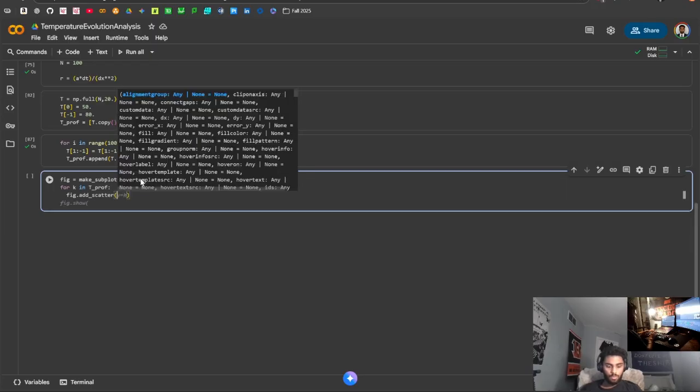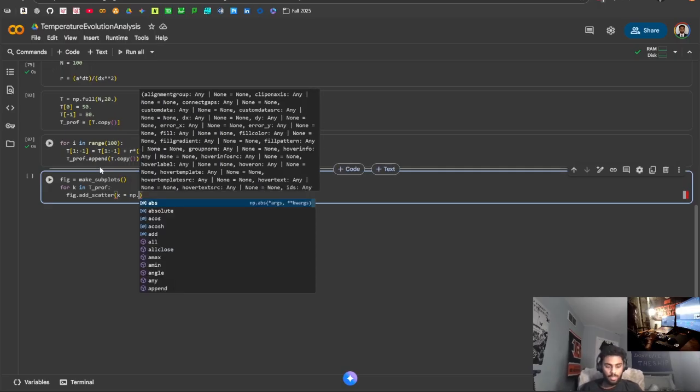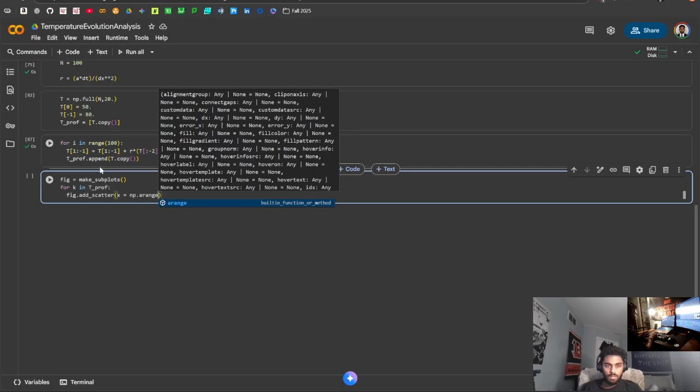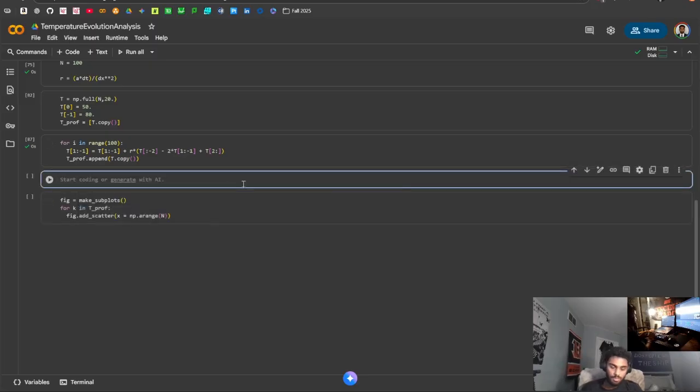Our x is going to be equal to our position. So we want to have each position plotted out. So we have 100 positions. We're going to go np.arange n. And what this does, let me just show you. Let me just copy and paste it from here.